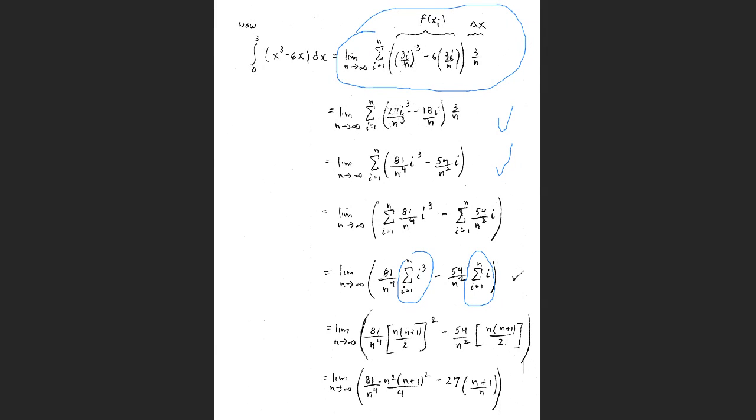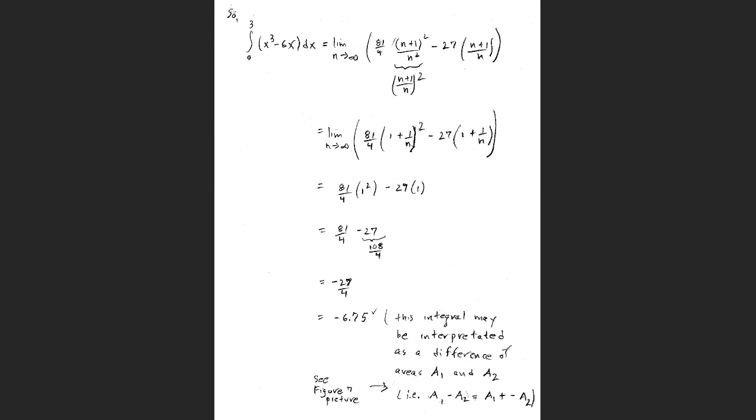Those formulas are given at the beginning of section 5.2, and this was the one formula, and this was the other formula. Based on that, we were able to get a function of n on the right side, we took the limit of that, and we were able to get our value for the definite integral.